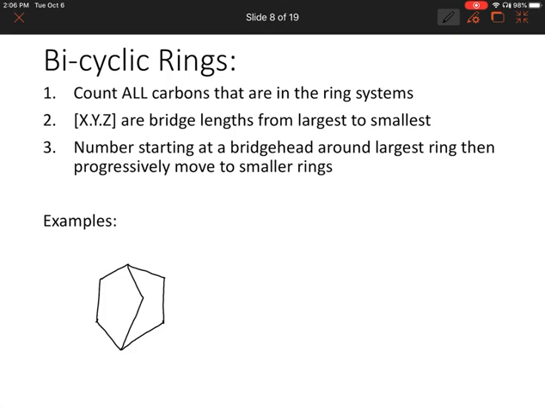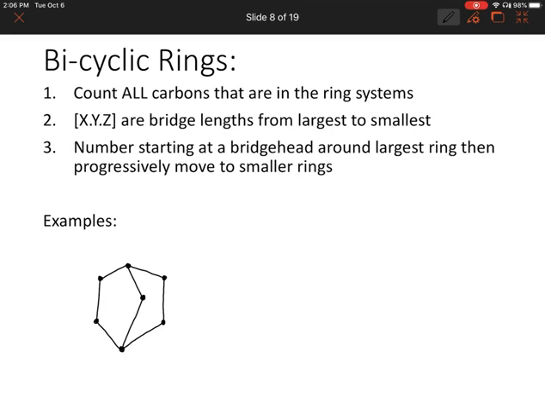First of all, we're going to count all of the carbons that are in the ring systems. Remember, every vertex is a carbon. We're going to start at the top: 1, 2, 3, 4, 5, 6, and then there's 7 right in the middle.